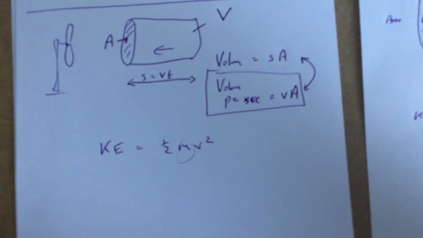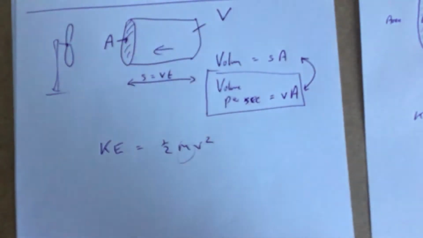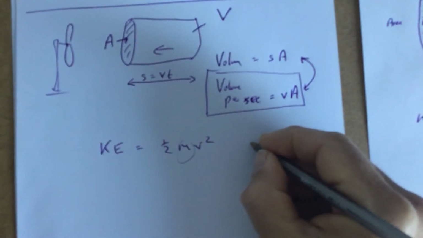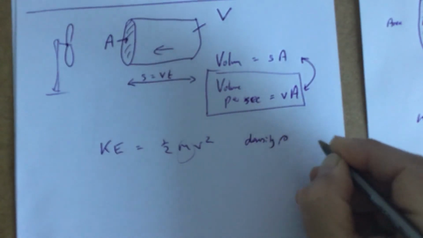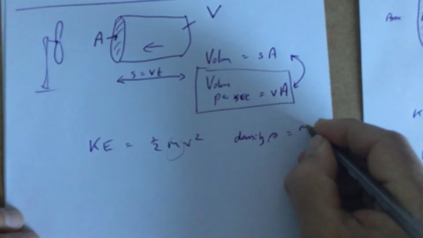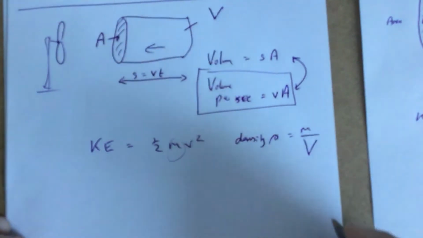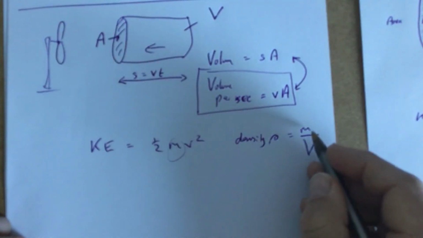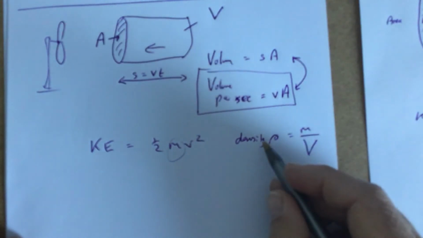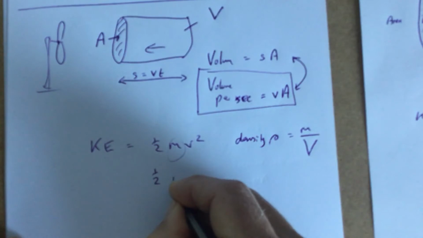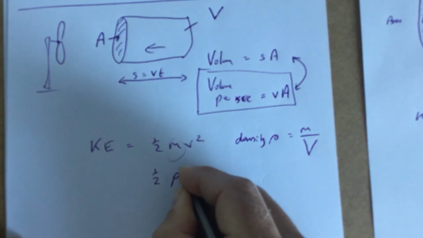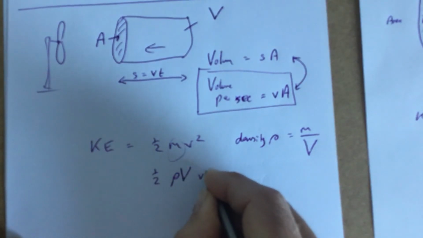That's a good question. Okay, well, if we go to density, that's rho for density, equals mass per volume, capital V, then we know that by rearranging that, mass equals rho V. Okay, so we can straight away go half rho V v squared.